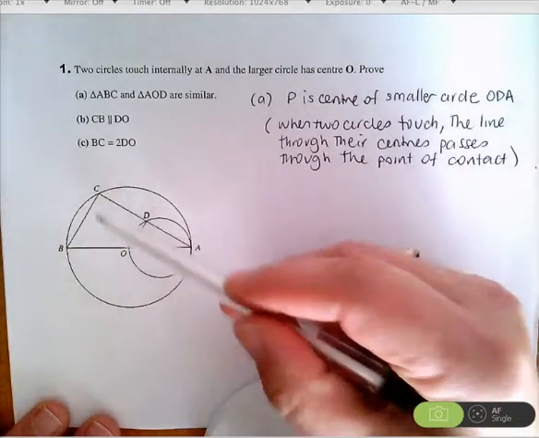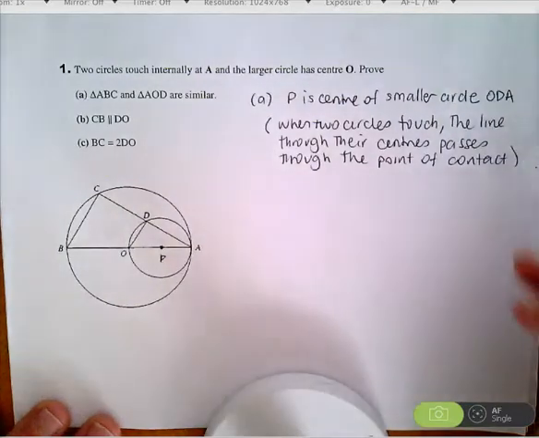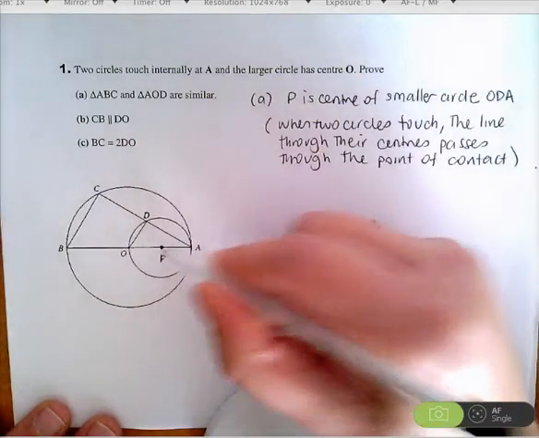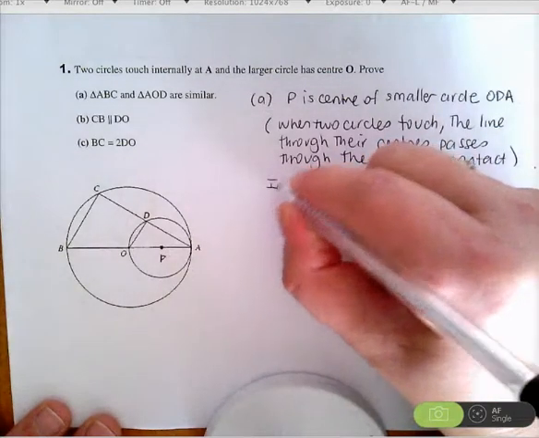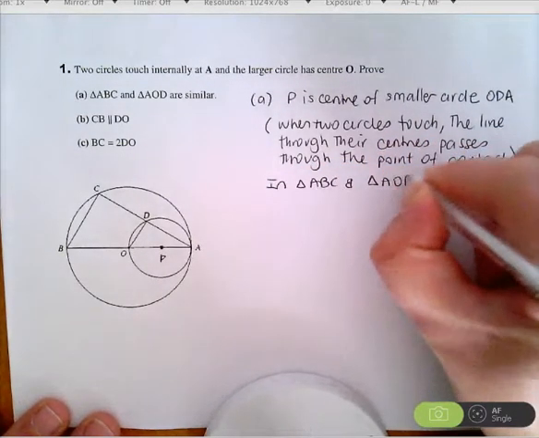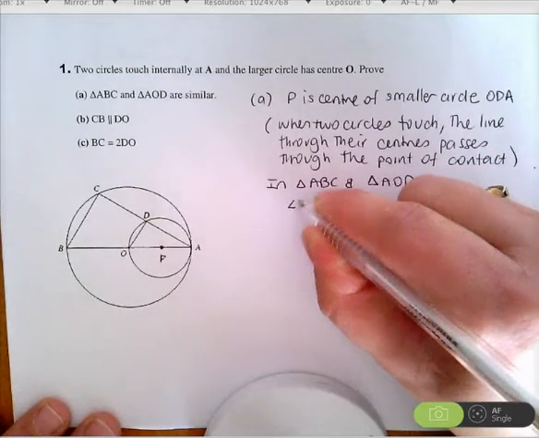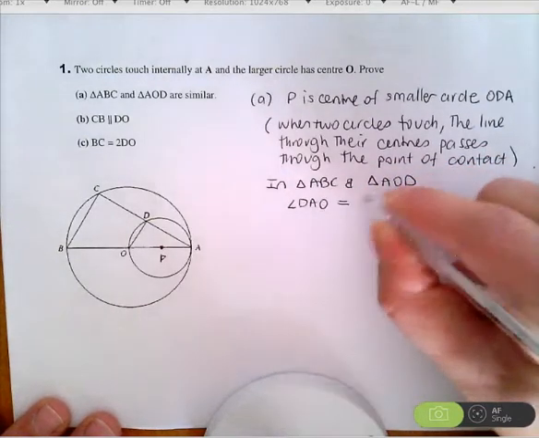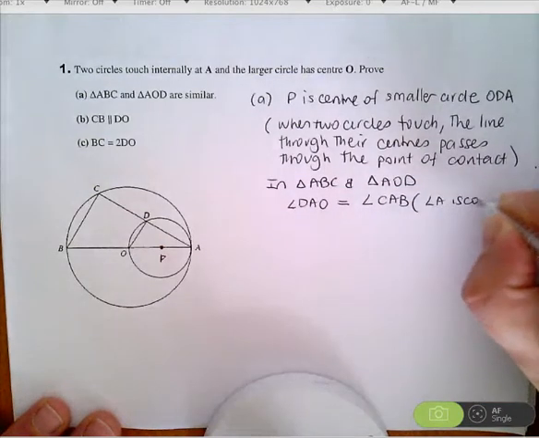Now, we actually do not know that CB and DO are parallel, so you can't go stating that, which is why we needed to say that P was the centre of the smaller circle. We know, for example, now that in triangle ABC and triangle OAD, angle A is common, so we can say angle DAO is equal to angle CAB. Reason angle A is common, okay?